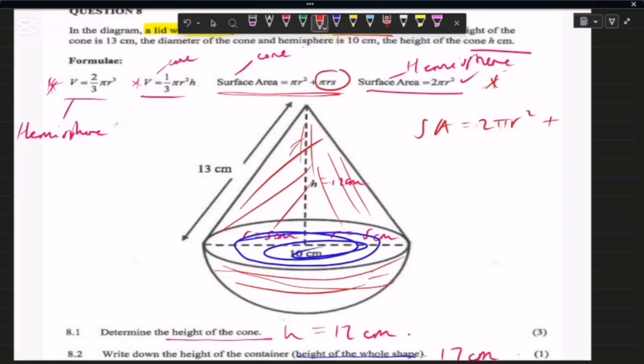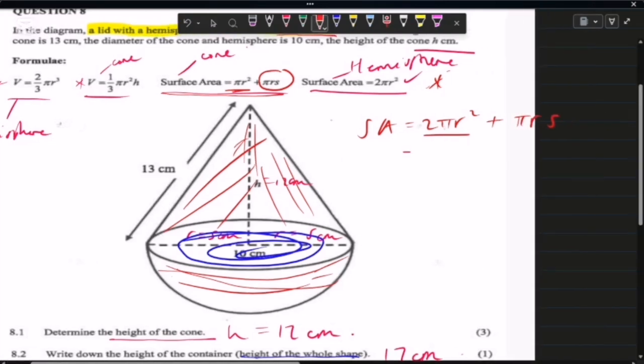So we cannot consider the pi r squared part because it's inside. If we are painting it or wrapping it with something, the circular base of the cone will not be affected at all. Okay, so the total surface area of this entire thing will be 2 pi r squared plus pi r times the slant height.